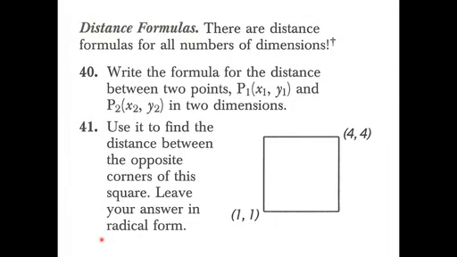Using the distance formula in general, write the formula for distance between those 2 points, then use it to find the distance between opposite corners. Leave it in radical form. That's absolute, exact form. Don't use your calculator to get the square root of anything.